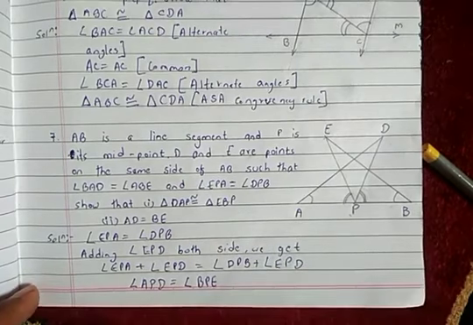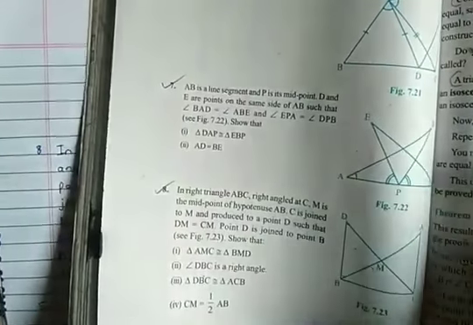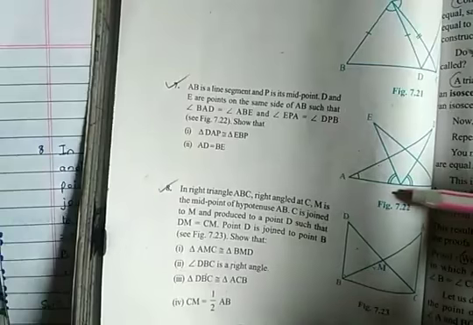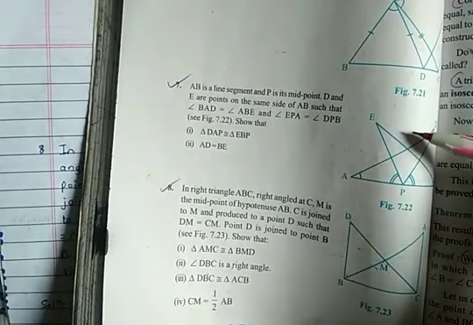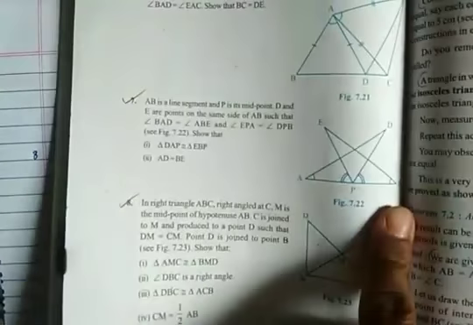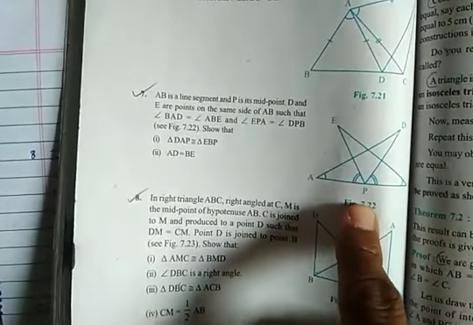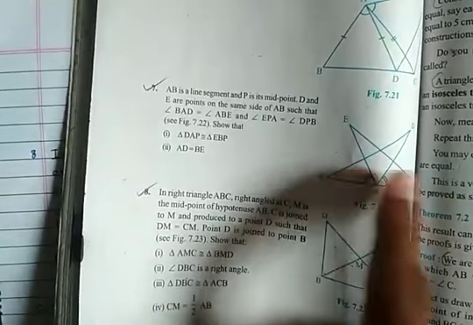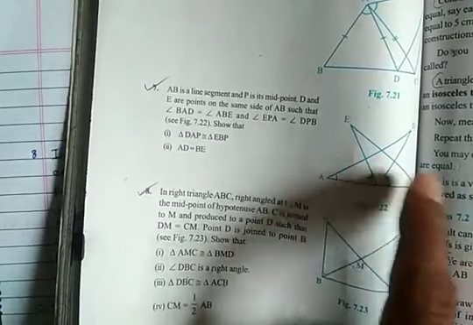Now consider this triangle DAP and triangle EBP, right? In this, angle A is equal to angle B, which is given. We'll write it down, right?